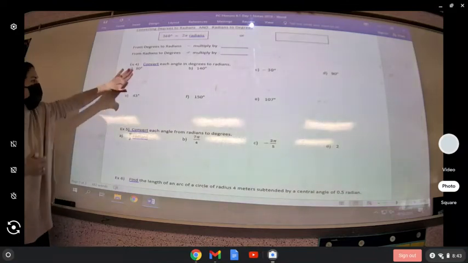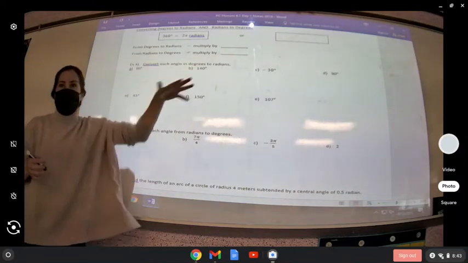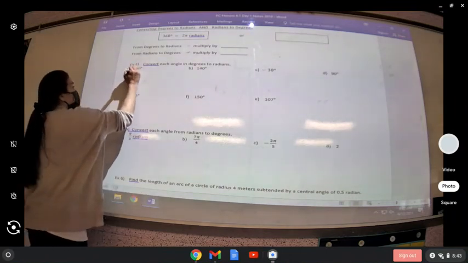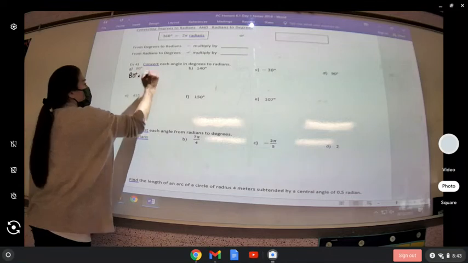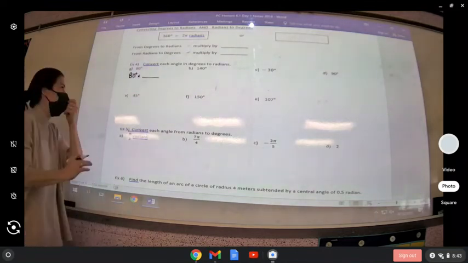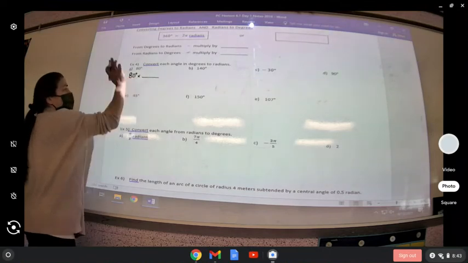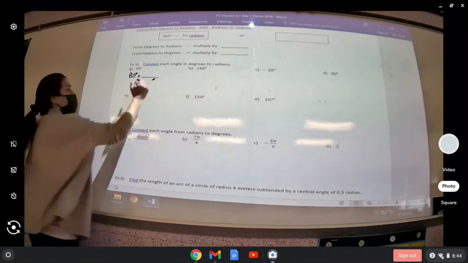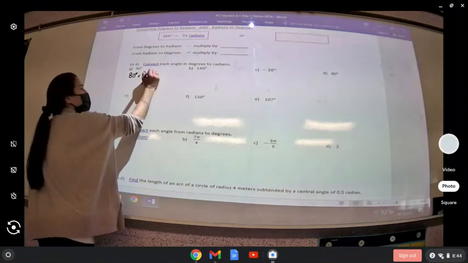All right, so what if they asked you to convert 80 degrees to radians? So you take your 80 degrees, and you're going to times it by the conversion factor. Just think pi and 180. Well, guys, if I'm in degrees and I want to go to radians, then I want degrees to cancel on top and bottom. So you need your 180 on bottom and your pi on top.